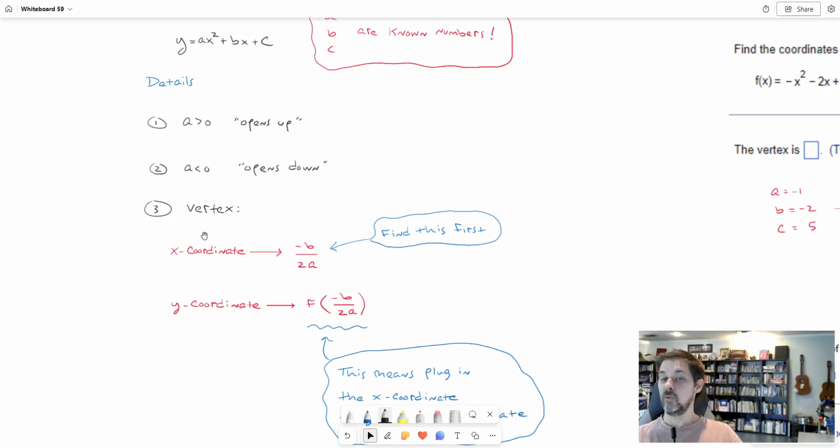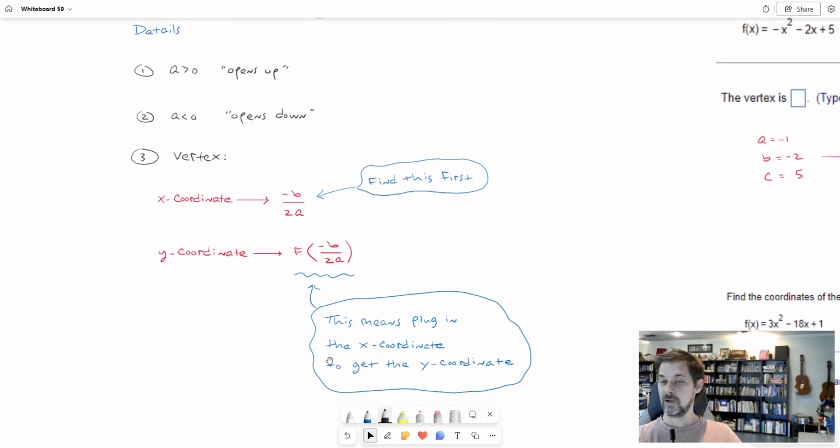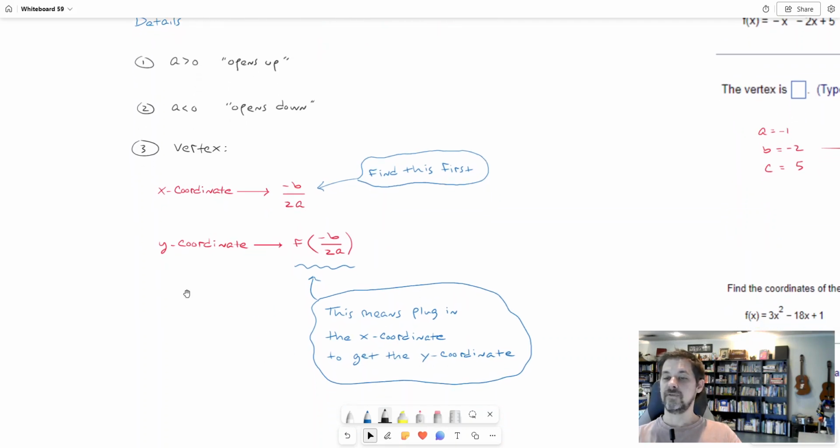If I know what x is supposed to be in any function, I can plug it in, do all the math, and get the y. With a parabola and finding the vertex, I find the x-coordinate by that formula, figure out what it is, and then plug it in to get the y-coordinate. But we find them separately, one at a time.